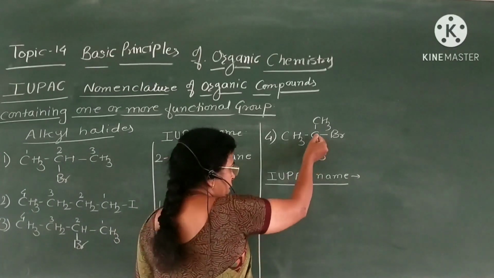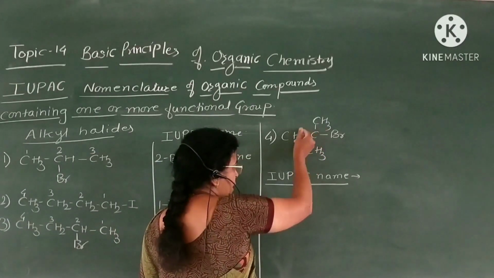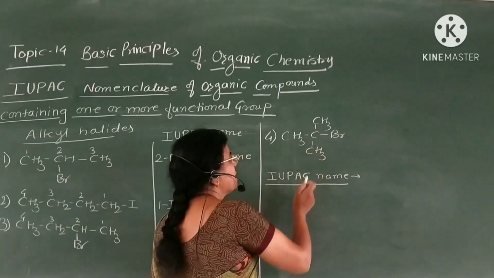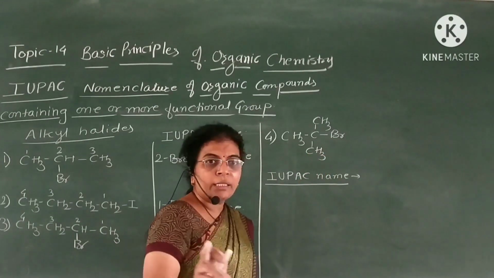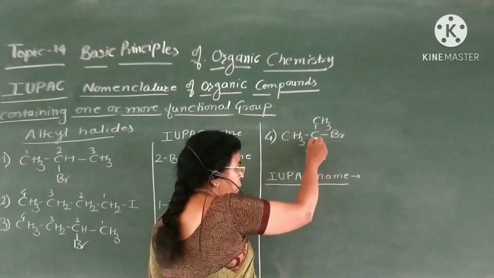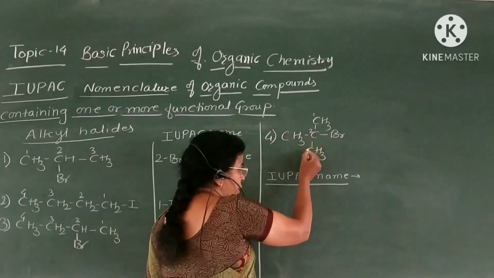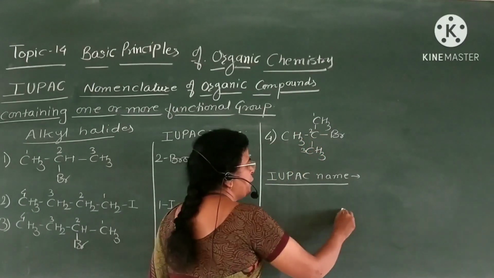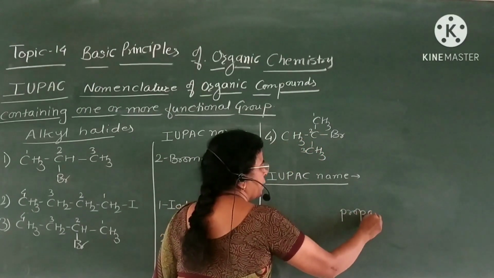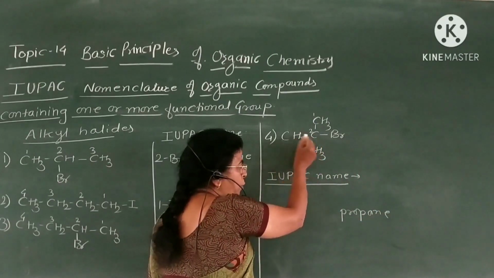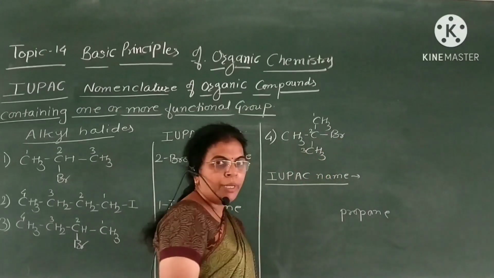Here this carbon atom is bonded to 3 CH3 groups and 1 bromine. In this case we have to select the longest chain, 1, 2, 3. The parent chain is of propane. But at the 2 position there is a branching of a methyl group and a branching of Br.